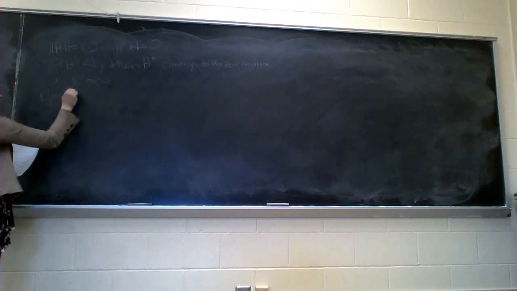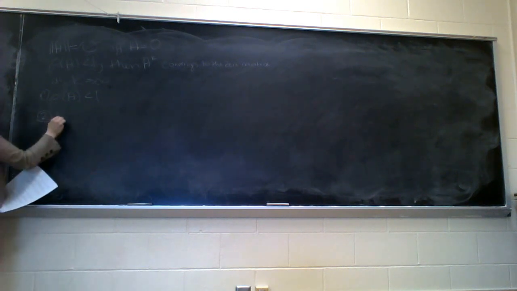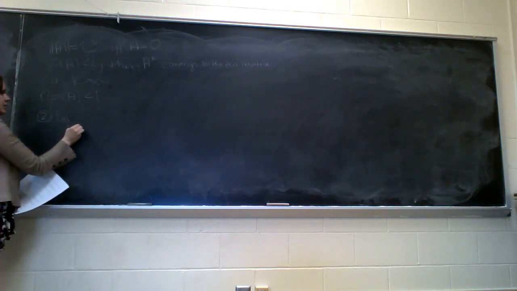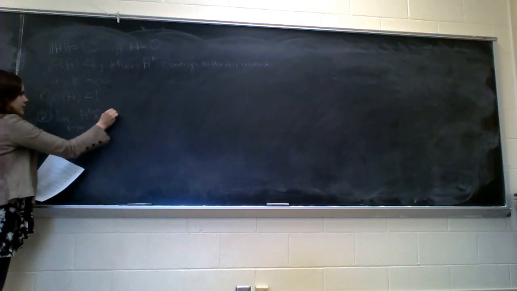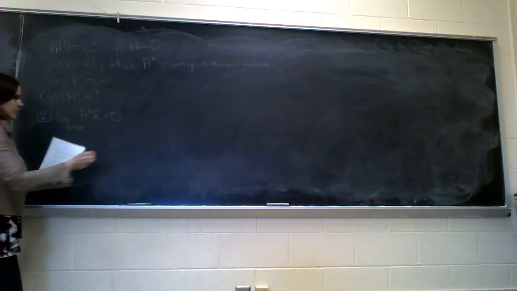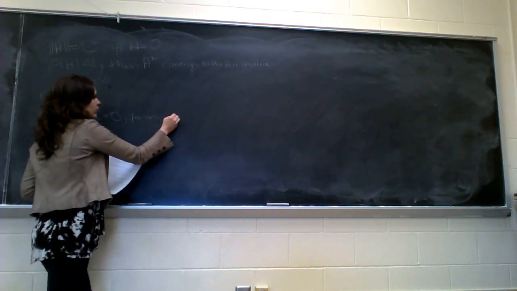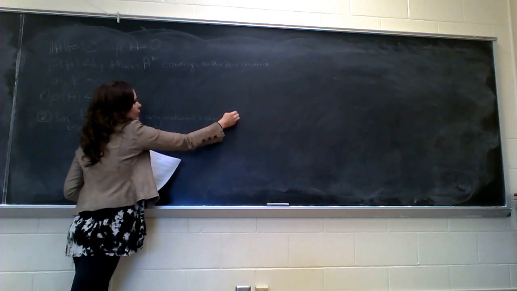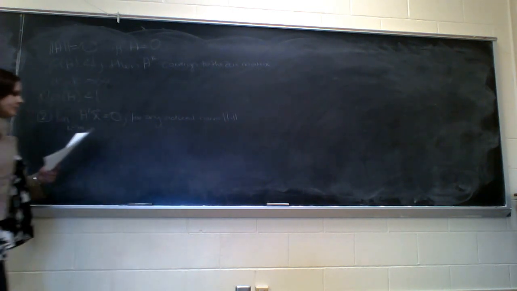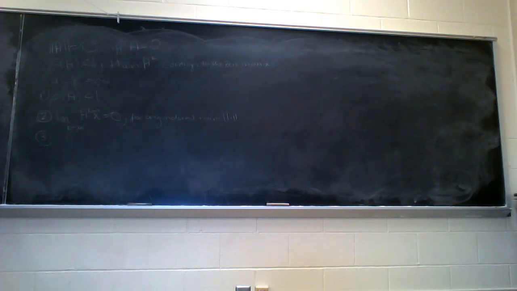So if I have rho of A less than 1, then of course, this is what we've been discussing, the limit as k approaches infinity of A^k x is going to be equal to 0 for any induced norm. So if rho of A is less than 1, then number 2 happens?